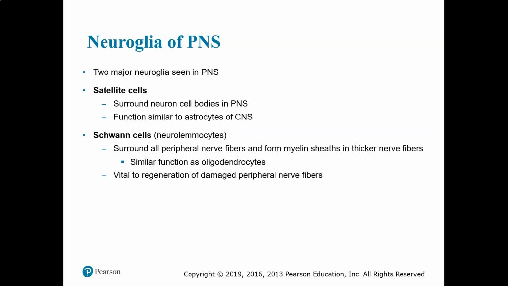And the good thing is they have functions very similar to two of the cells of the central nervous system. So instead of astrocytes, which form the blood-brain barrier and carry nutrients to the nerve cells while keeping out some of the bad things in the blood from reaching the nerve cells.